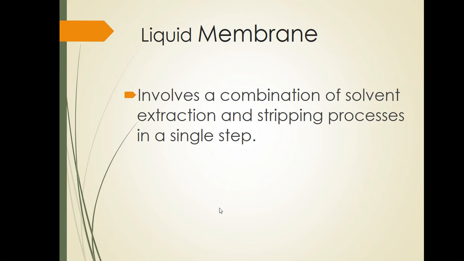It's a solvent that is added on the permeate side so as to create a concentration gradient that would ensure the separation of your desired component from the rest of the components in the mixture it is contained in.